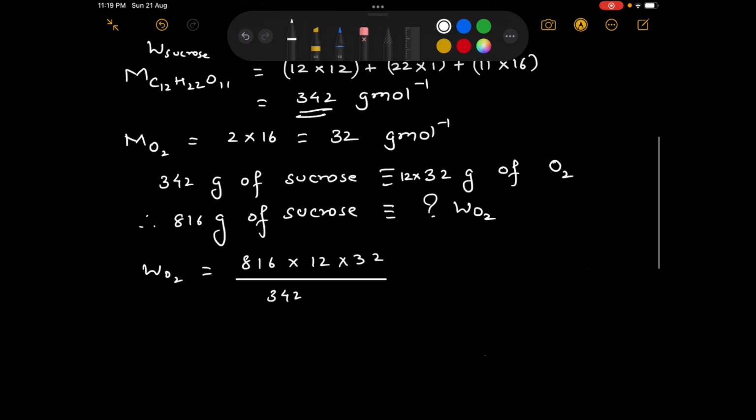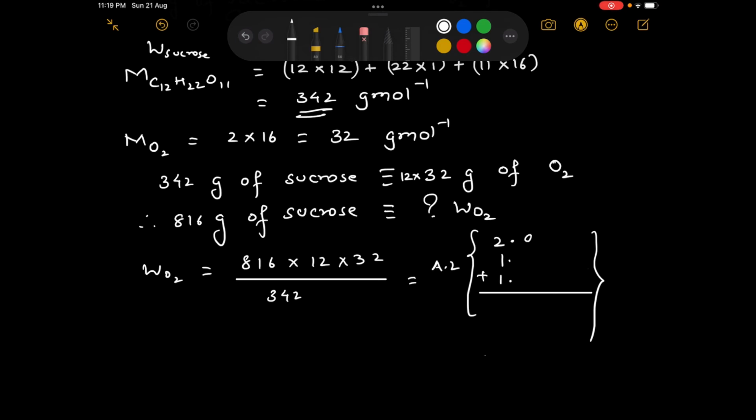342. This will come out to be, let's use log over here. The characteristic of 816 will be 2, for 12 it will be 1, and for 32 it's again going to be 1. Now the log of 816 is .9117, that for 12 is .0792, and that for 32 is .5051.